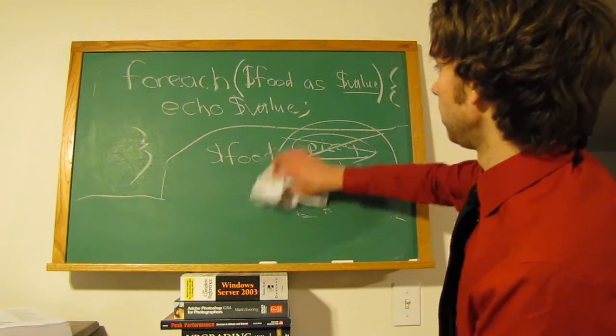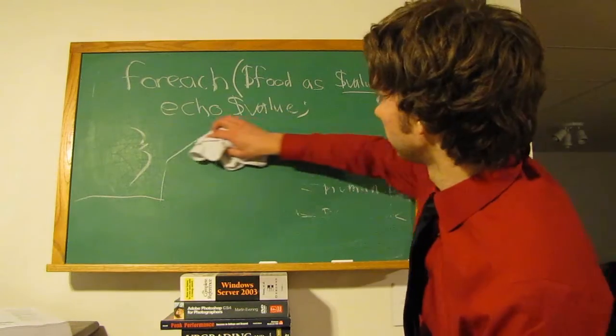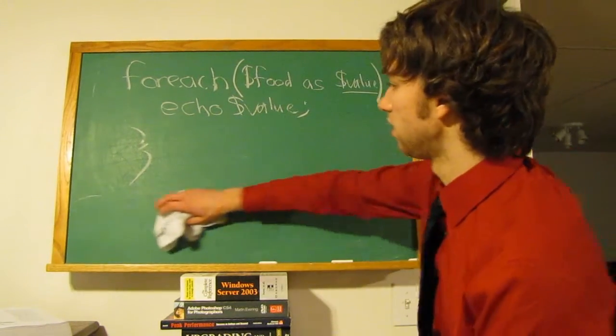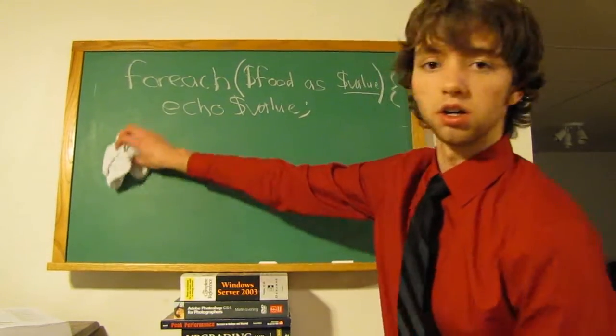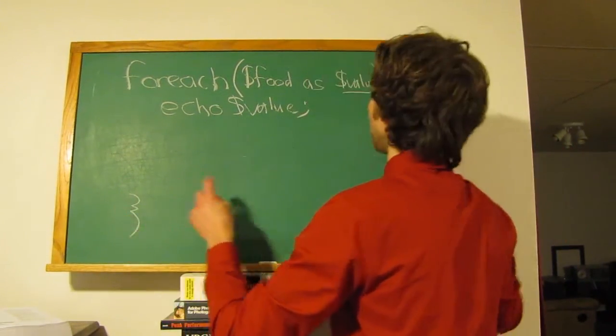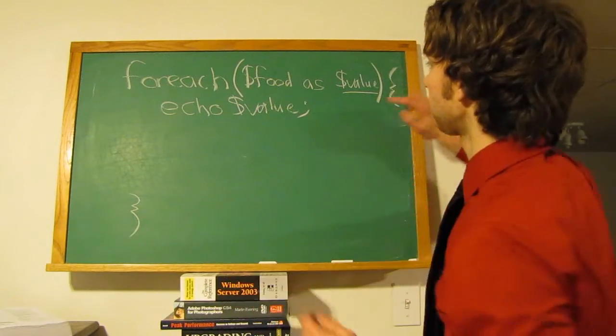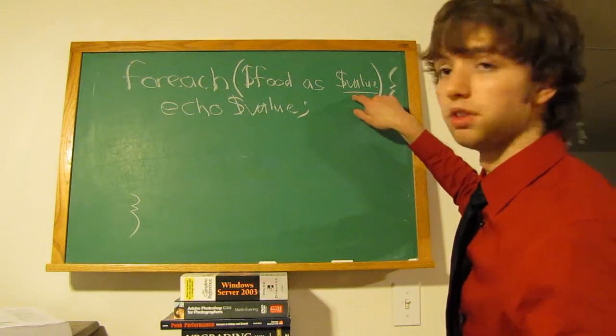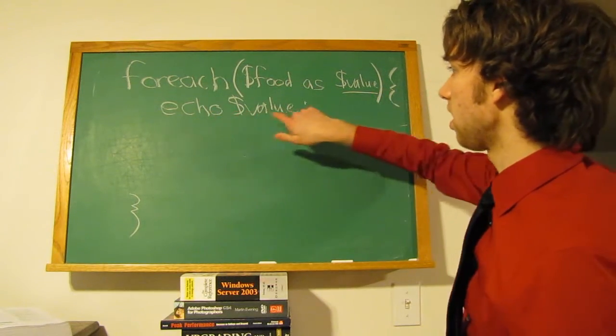So we declare this variable within the parentheses, which allows us to use it inside of our code block. So you could say between these, this is a code block. Value points to each value within the array, and then we're echoing that value.